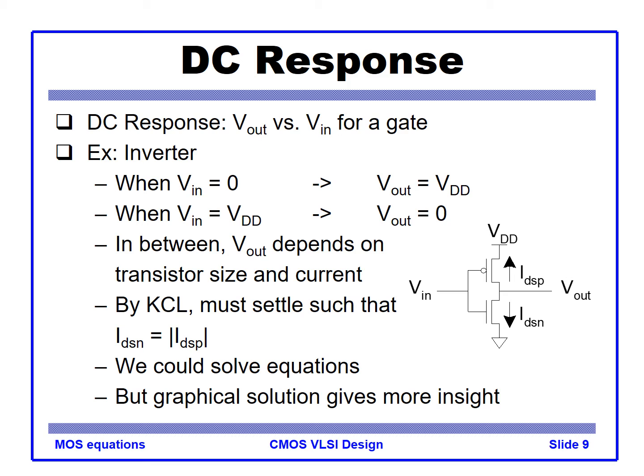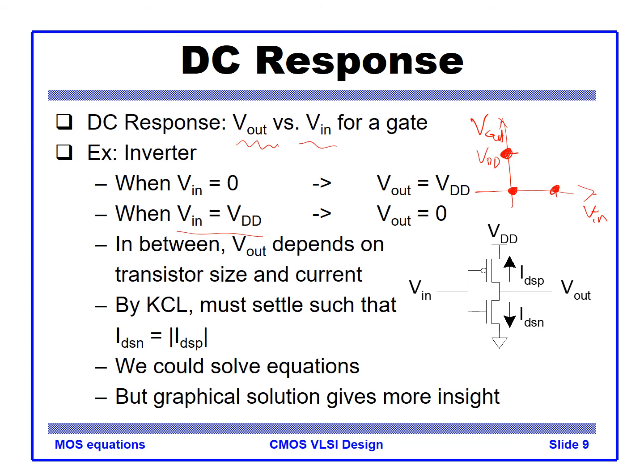Let's take a look at the complementary input inverter in more detail. For the DC response, we will look at V out versus V in, right? When V in is 0, the output will stay at VDD. If V in is VDD, then the output will be at 0.